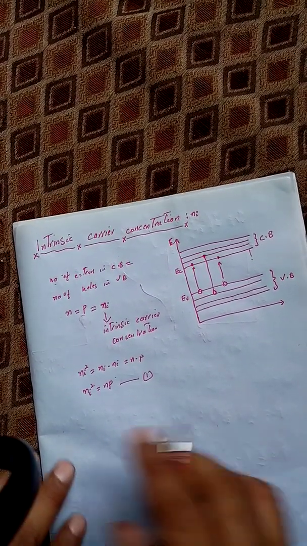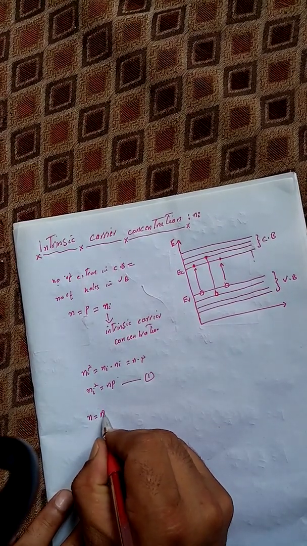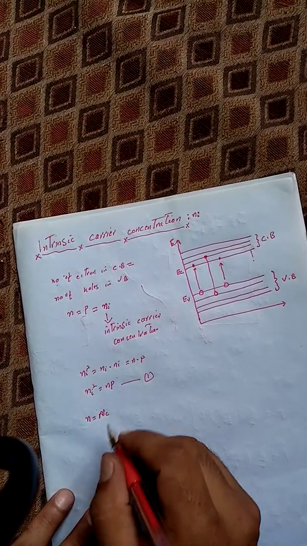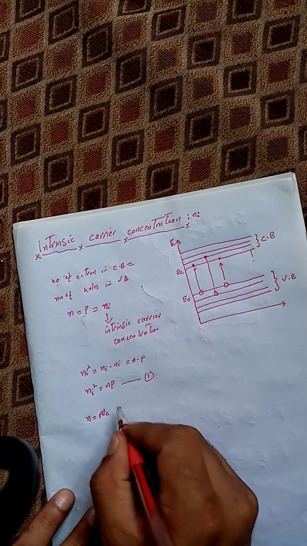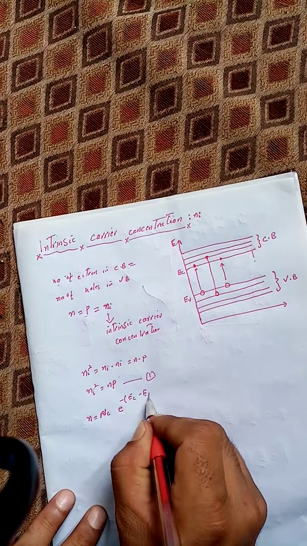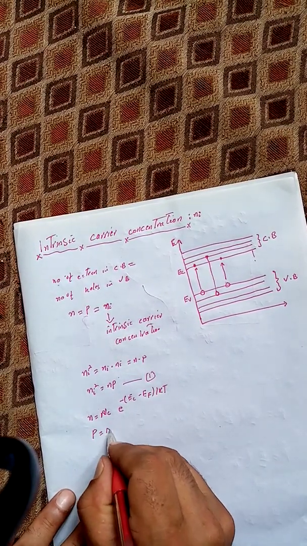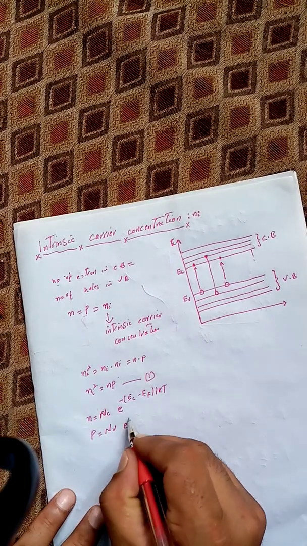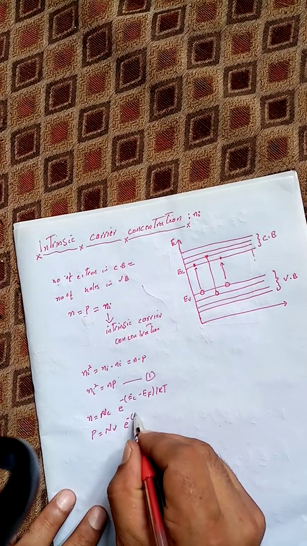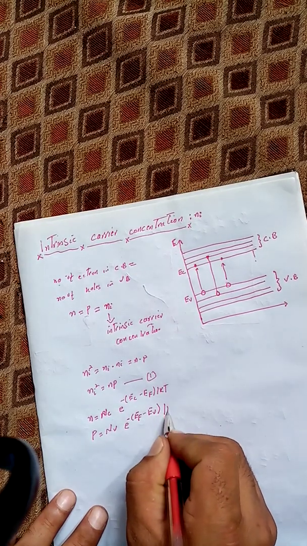Now in the previous videos, we calculated N is equal to Nc into exponential of minus Ec minus Ef over kT, and P is equal to Nv into exponential of minus Ef minus Ev over kT.